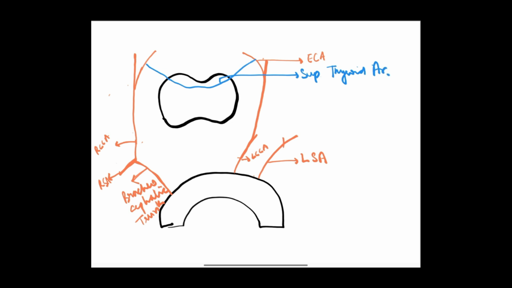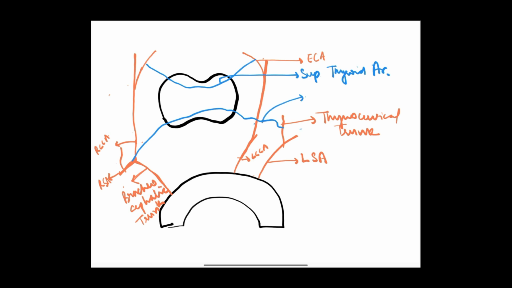The left subclavian artery gives rise to a branch, and the right subclavian artery gives rise to a branch. This branch is called the thyrocervical trunk. Both the left and right thyrocervical trunks give rise to a branch that enters the thyroid gland from the posterior side.